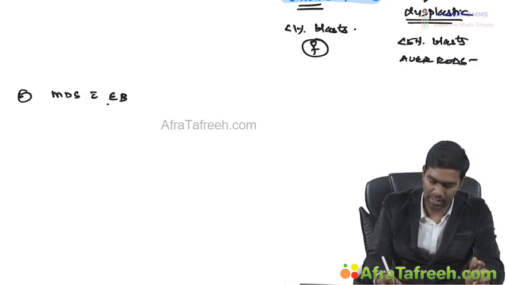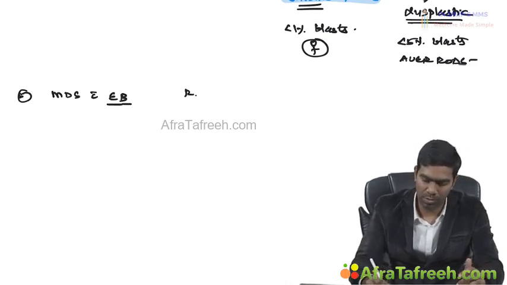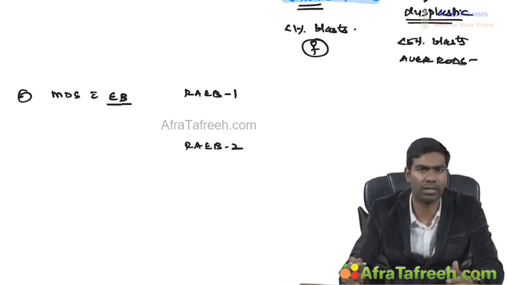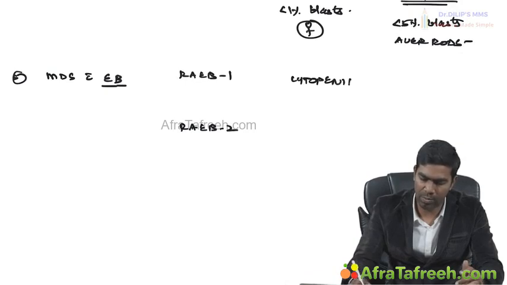MDS with excess blasts, more than normal blasts. So you have two types, one is called RAEB1, that's called refractory anemia with excess blasts, and you have something called RAEB2, according to old nomenclature, refractory anemia with excess blasts 2. Remember, what you are going to see is definitely a cytopenia, we don't know how many lineages.